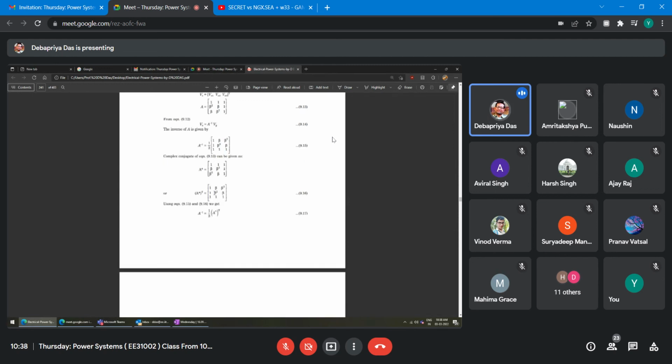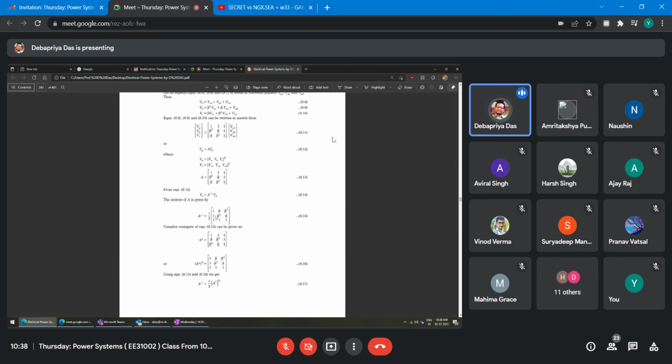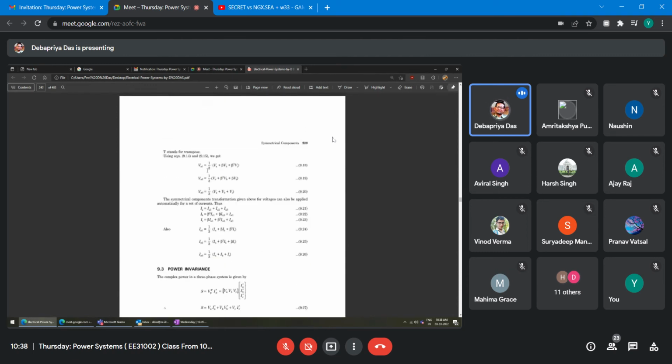So basically Vs, that is Va1, Va2, Va0, is equal to 1/3 times this matrix into Va, Vb, Vc. If you write like this, then Va1 is 1/3 of Va plus beta Vb plus beta square Vc. Va2 is 1/3 of Va plus beta square Vb plus beta Vc, and Va0 is 1/3 of Va plus Vb plus Vc. In a balanced system, Va plus Vb plus Vc is always 0, so it will be 0 anyway.